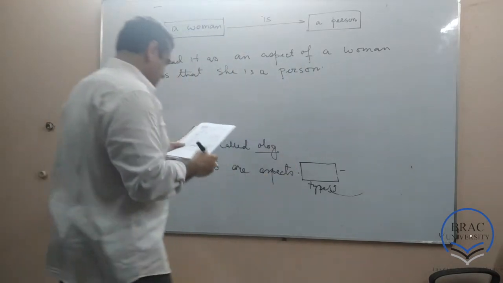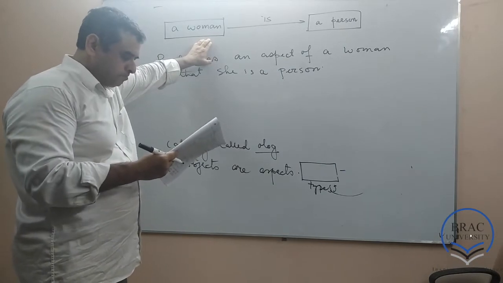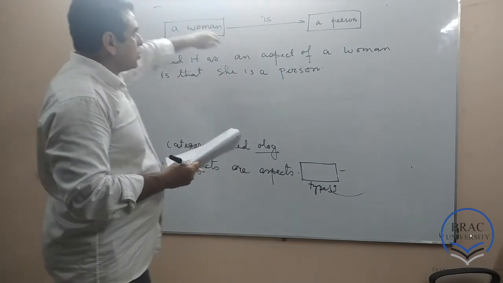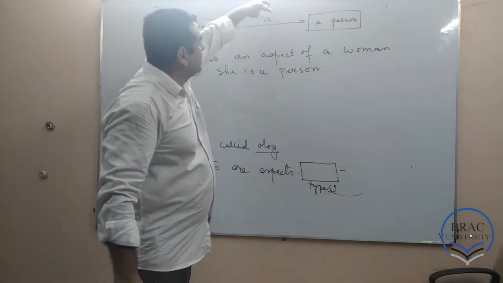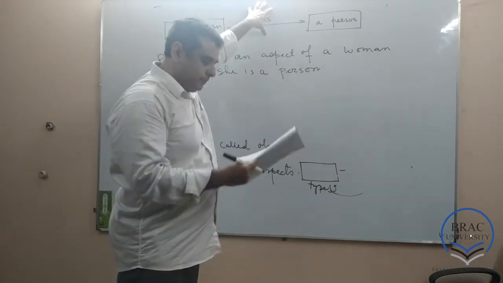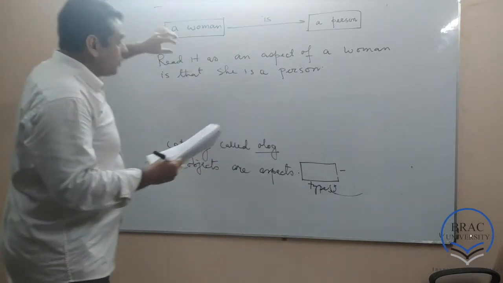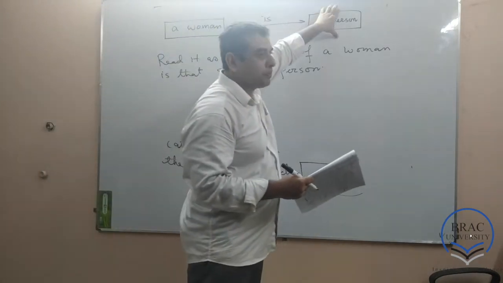Okay? So in the diagram above, the arrow labeled with "is", this one, is a morphism from the object, a woman, to the object, a person.